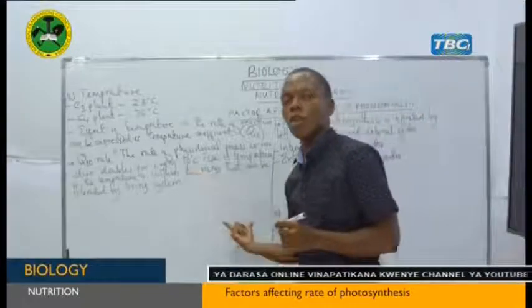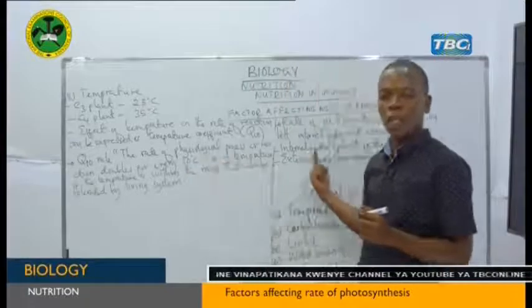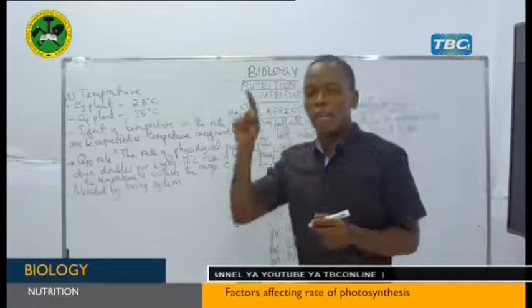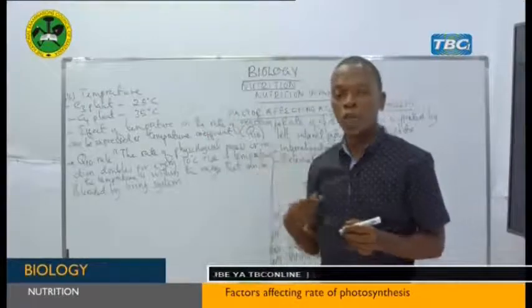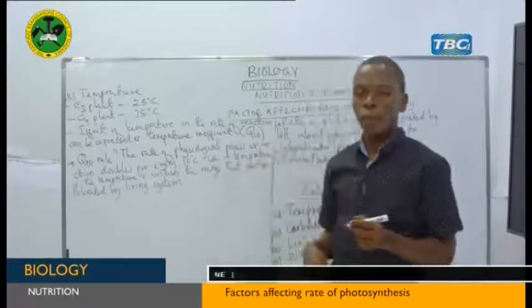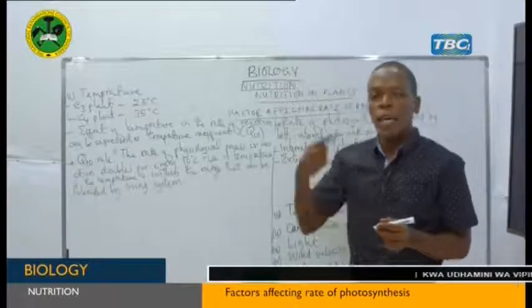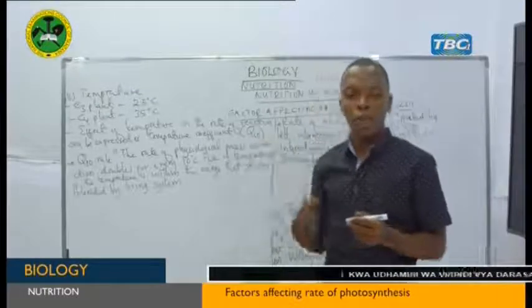It means the physiological process we are talking about here is photosynthesis. Therefore, for every 10-degree rise in temperature, rate of photosynthesis tends to double. As the temperature increases up to the optimal, rate of photosynthesis tends to increase.